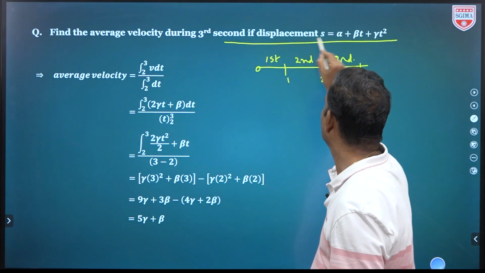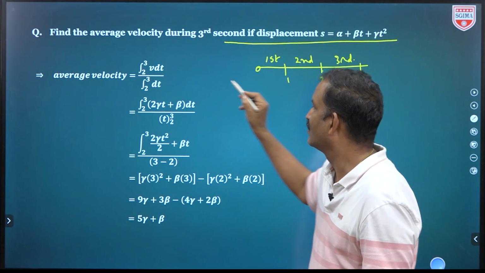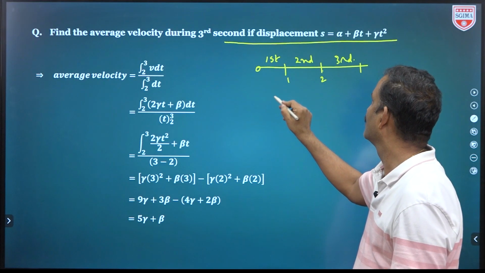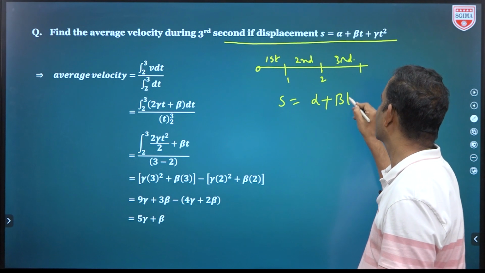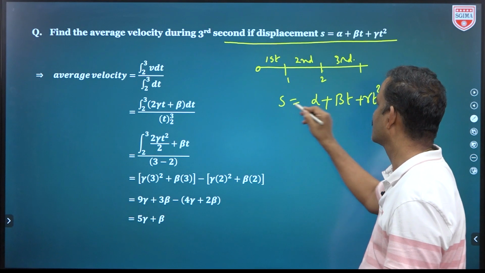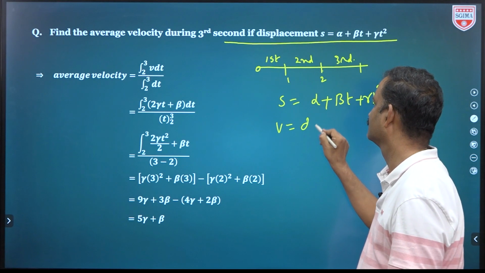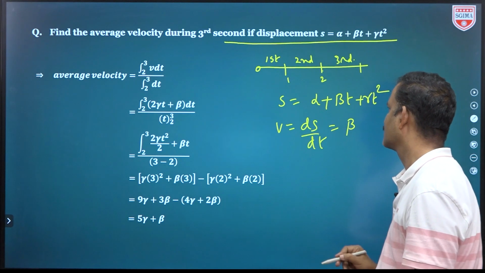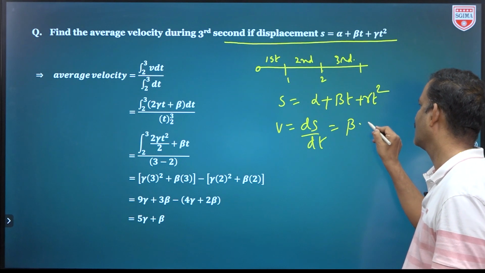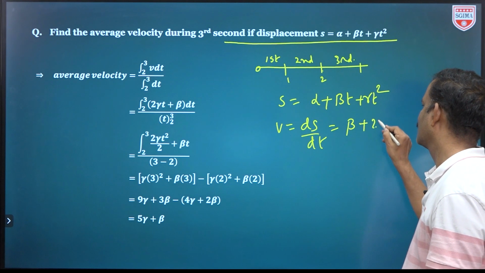So how will you get the v value? Displacement is alpha plus beta t plus gamma t square. Displacement differentiation is velocity. Alpha differentiation is 0, beta t differentiation is beta, gamma t square differentiation is 2 gamma t.